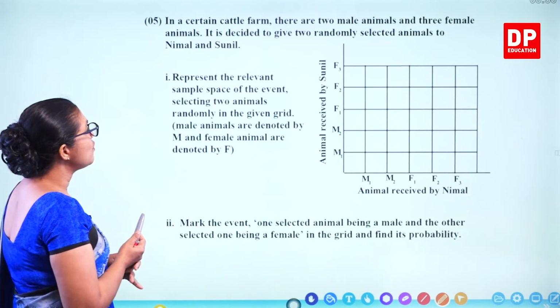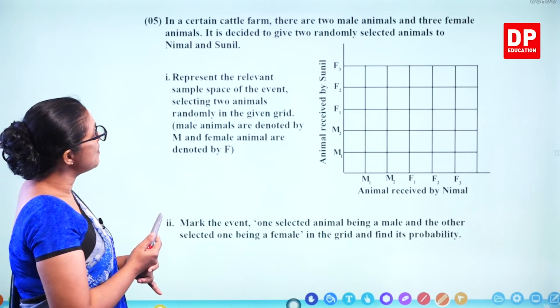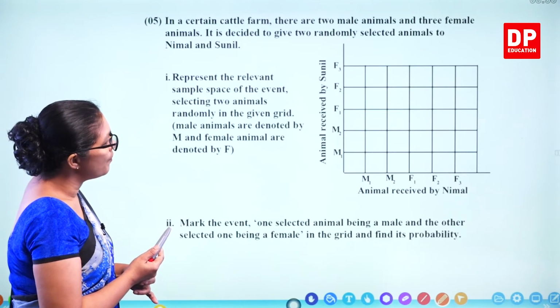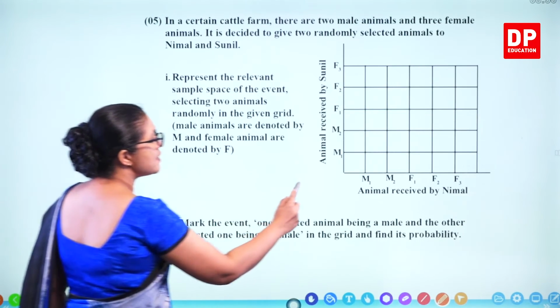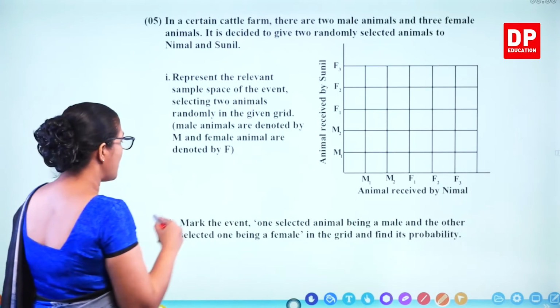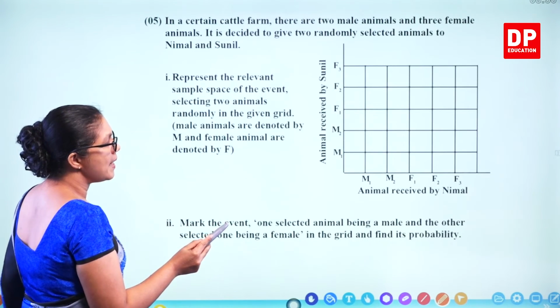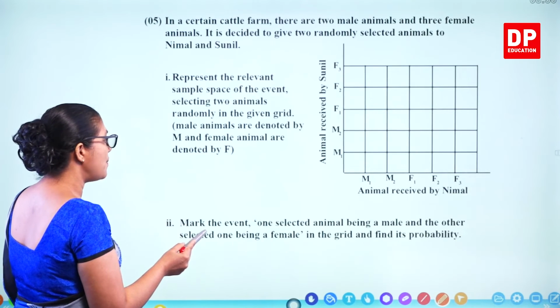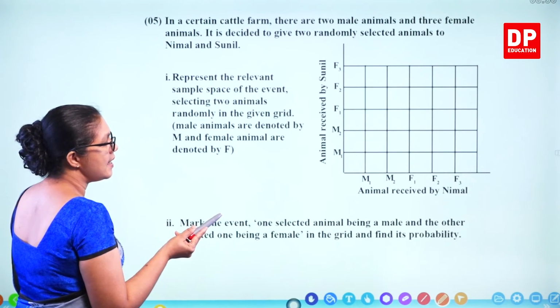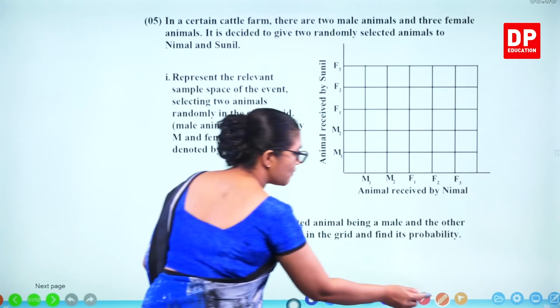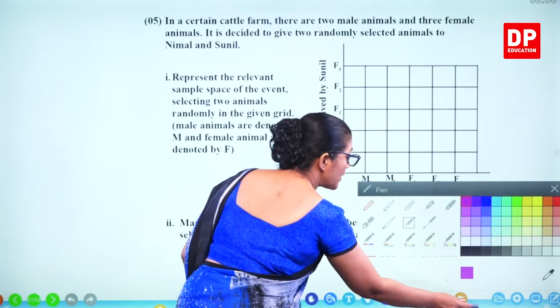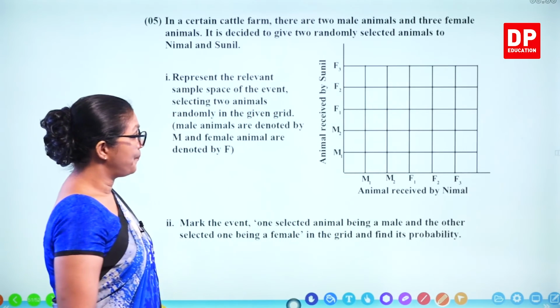Male animals are denoted by M and female animals are denoted by F. So, animal received by Nimal and animal received by Sunil. Mark the event, one selected animal being a male and the other selected one being a female in the grid, and find its probability. First we'll do what are the outcomes and see.